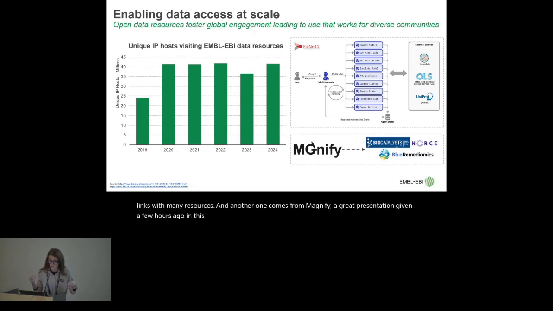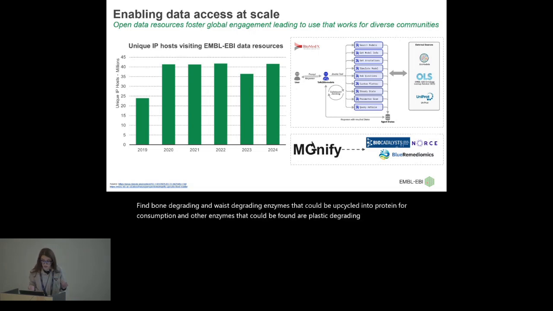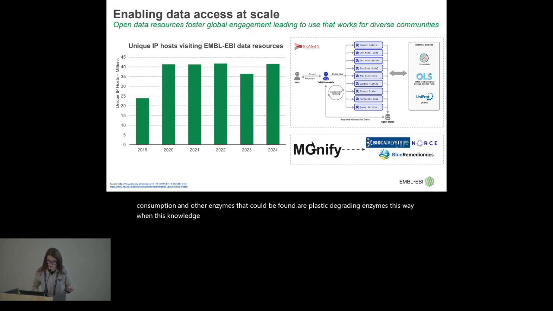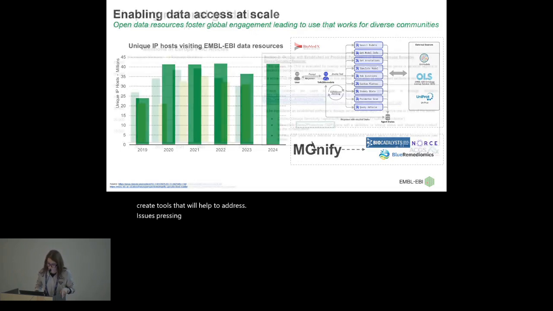In this case, researchers use Magnify data in order to find bone degrading and waste degrading enzymes that could be upcycled into protein for consumption. And other enzymes that could be found are plastic degrading enzymes. This way, when this knowledge is being used by other industry players and collaborators, they can create tools that will help to address pressing issues.